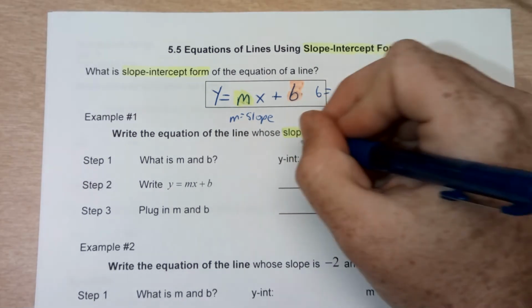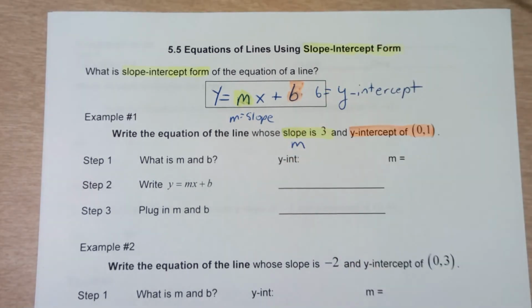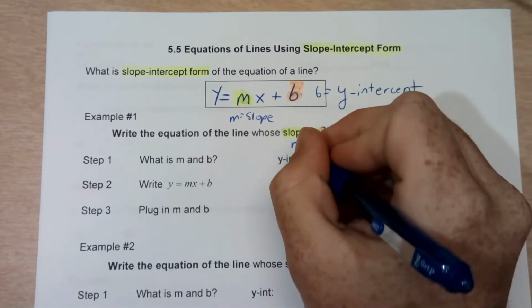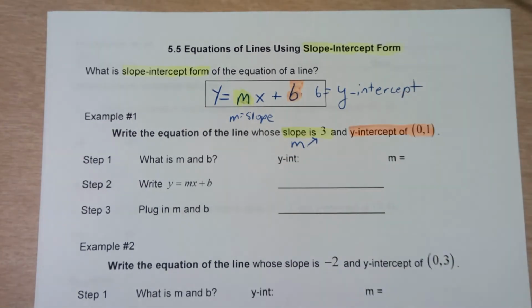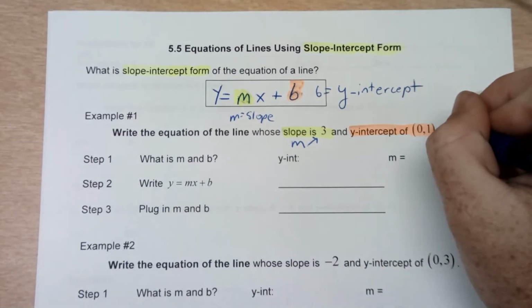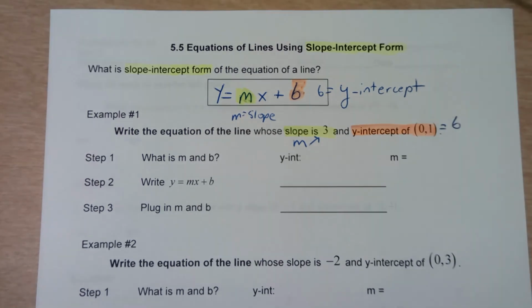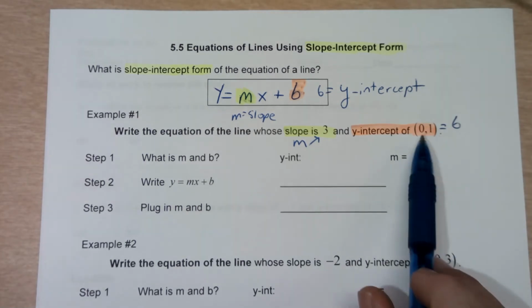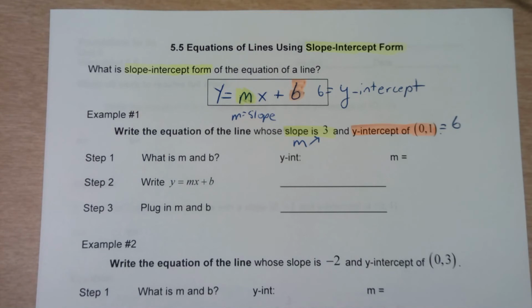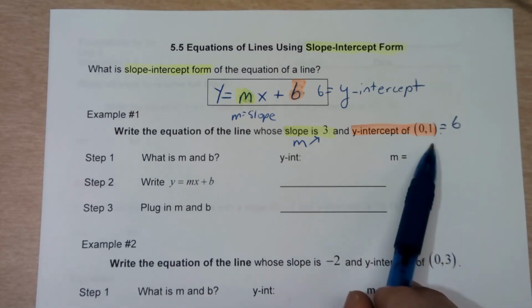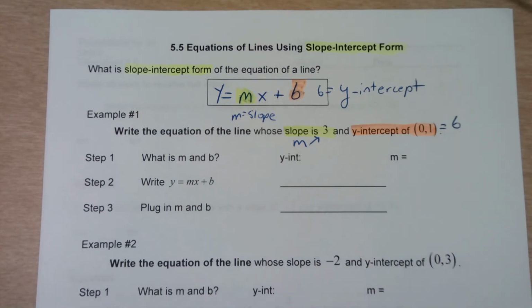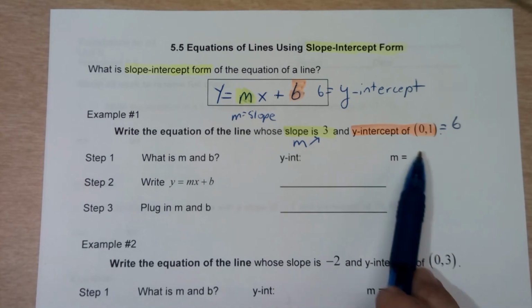So right away, I'm going to label that as my m. My m I know is right there. And then my y-intercept I know is also called b. This gives me my y-intercept in the form of an ordered pair, though, right? It gives me (0, 1). Before, when we've been working with b's or y-intercepts, it's just been a single point. You'll notice that the x-coordinate is 0.